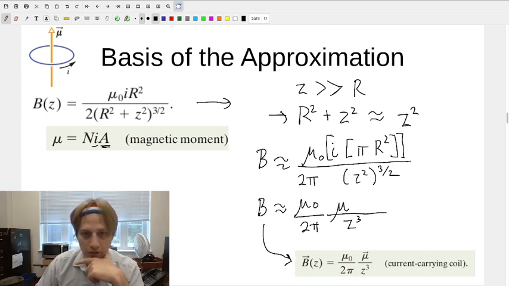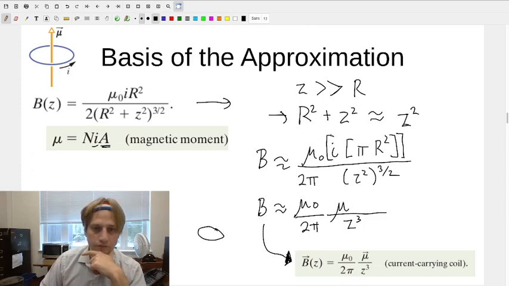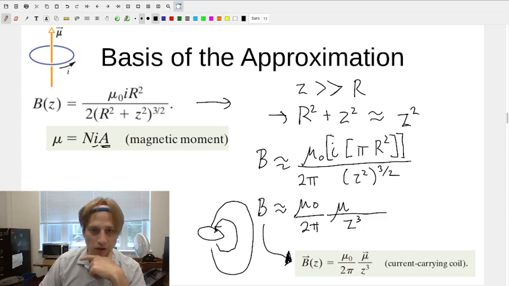That shows us how we're going from this loop model, and we're going to get a magnetic field that looks approximately like this.